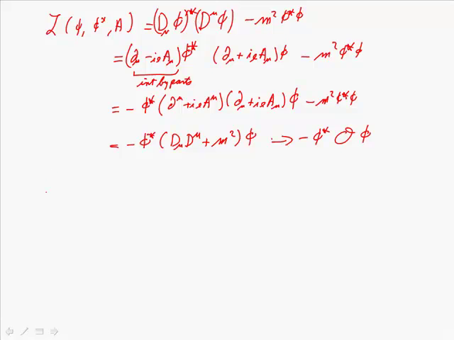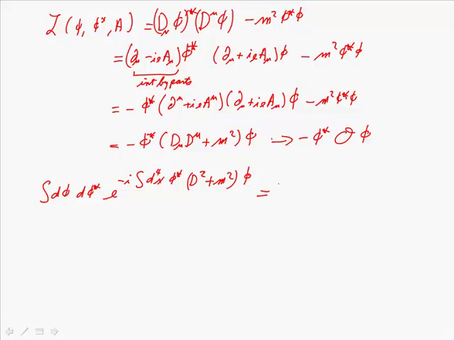The path integral that we want then is integral d phi star, e to the minus i integral d4x phi star, D squared plus m squared, phi.